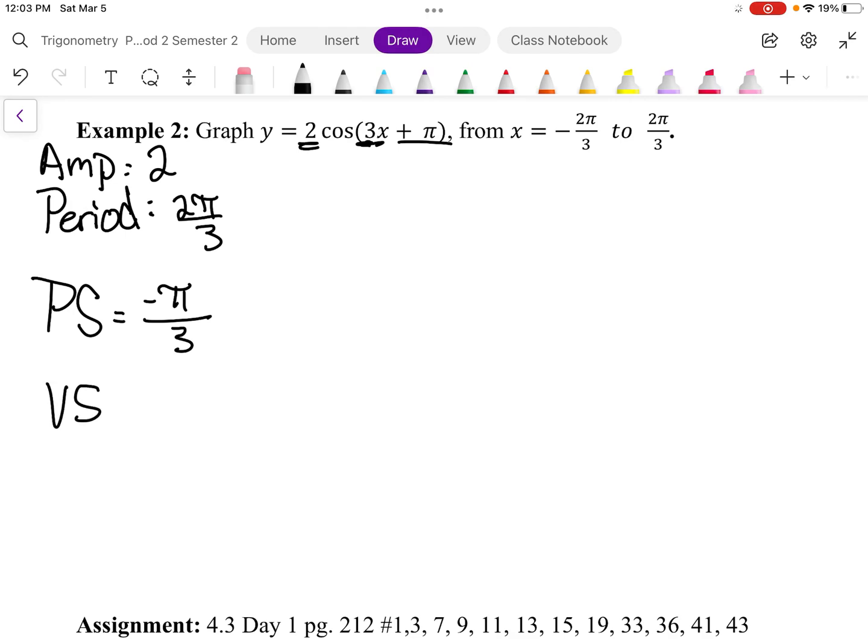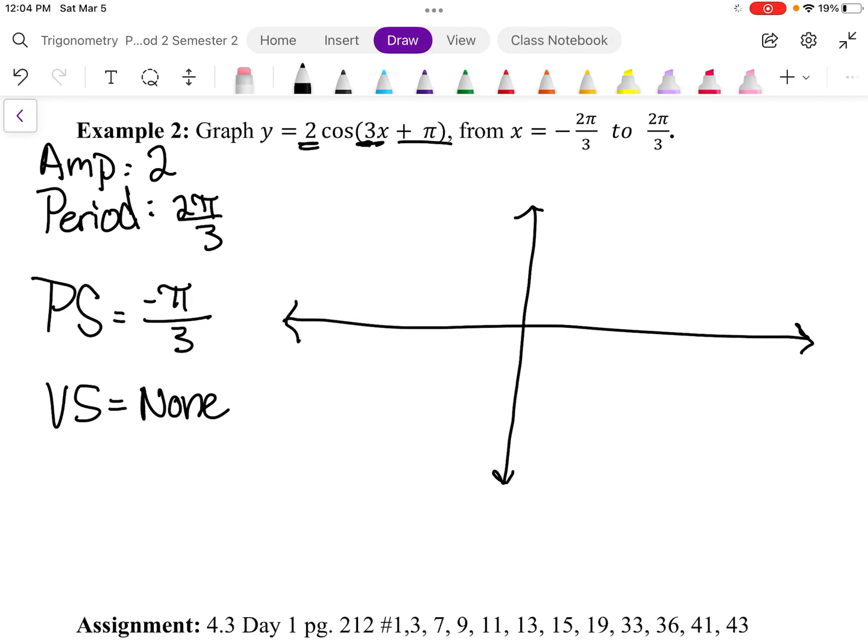And then our vertical shift is anything added or subtracted on the end. And this one, we do not have a vertical shift. Now we can start by drawing our axes. And we're going from negative 2 pi over 3 to positive 2 pi over 3.